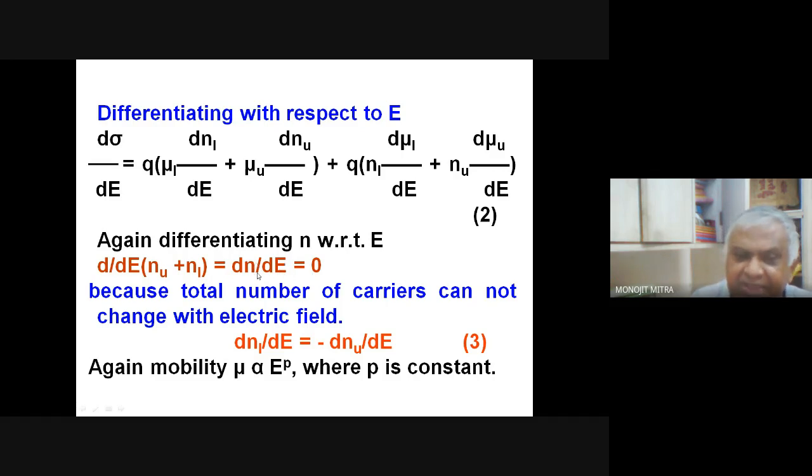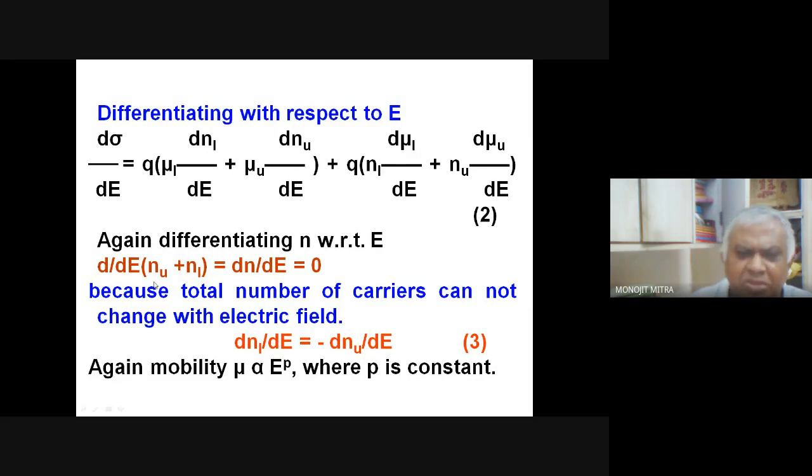But at the same time, these dnu by dE or dnl by dE are not fixed, because I told you already, that is the transfer electron effect, where the electrons transfer from lower valley to the upper valley, and as a result, the concentration of electrons changes. Lower valley concentration decreases with electric field, upper valley should increase. So that we'll see in time.